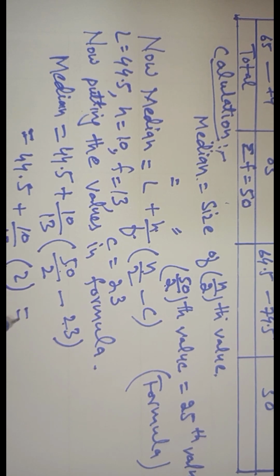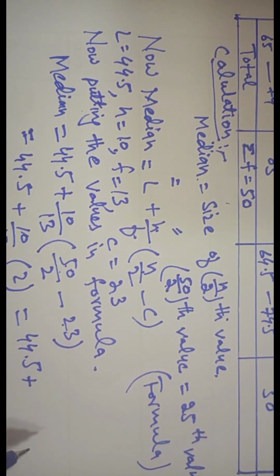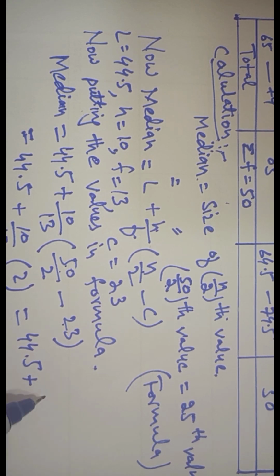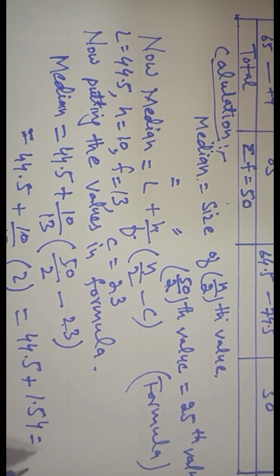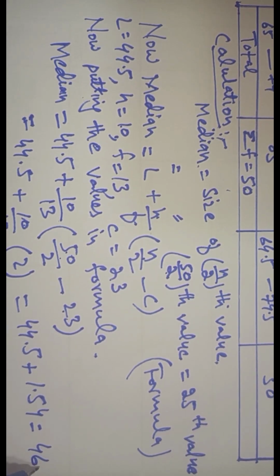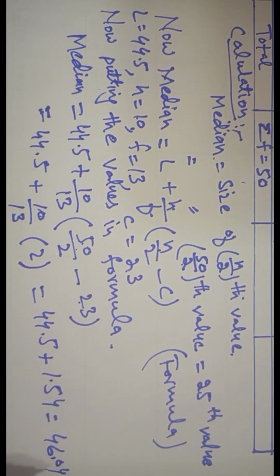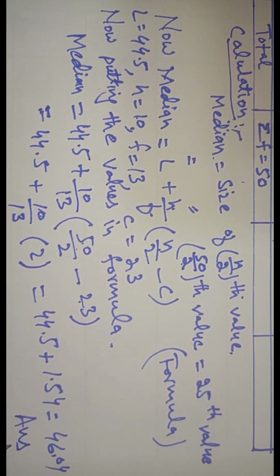Now further we calculate. 44.5 plus 10 over 13 into 2 will be 1.54. That is equal to 46.04, which is our answer.